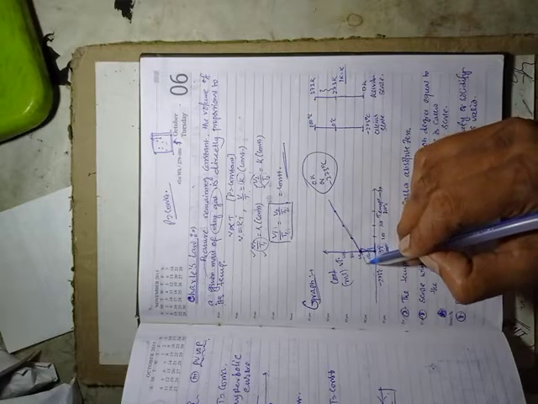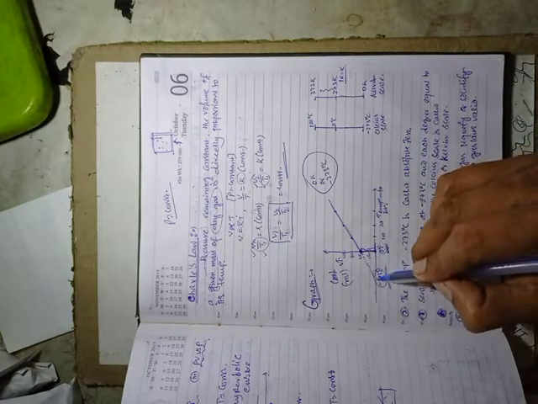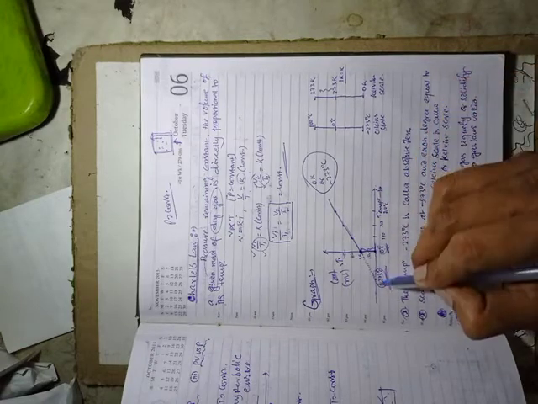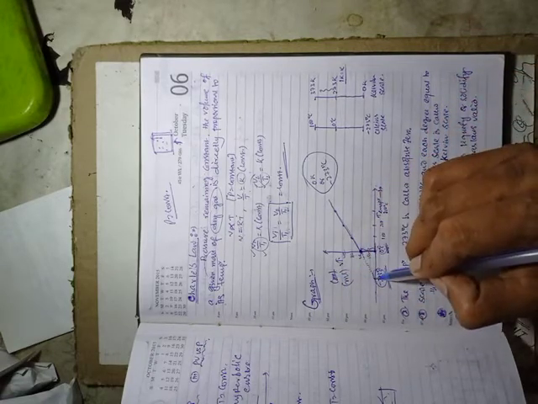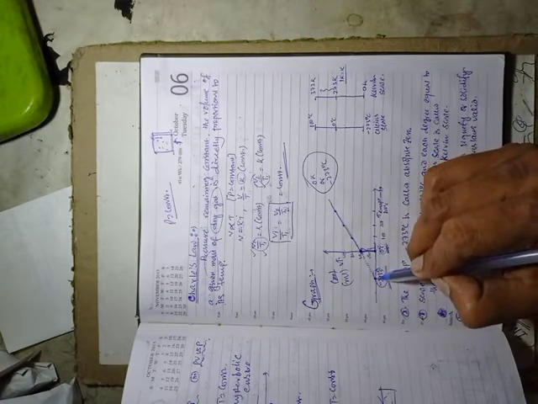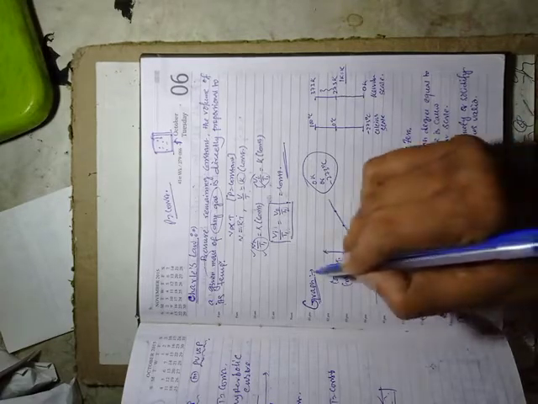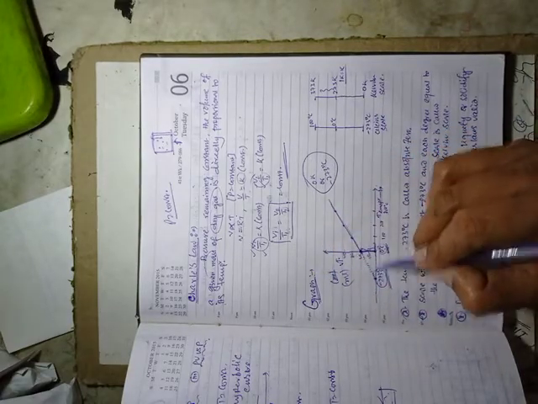If you extend the graph backwards, at minus 273 degree centigrade it will meet the temperature axis, so at this particular point the temperature is minus 273 degree centigrade and the volume is 0. I hope students you can draw the graph.